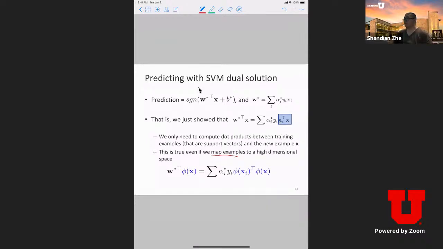Even if we perform some nonlinear, high dimensional feature mapping, we can apply the same framework to solve the dual form, and then use the representation of the weight vector in terms of support vectors, and substitute it into the prediction function, where we only need to calculate inner products again. But before the inner product, we first need to do the feature mapping.